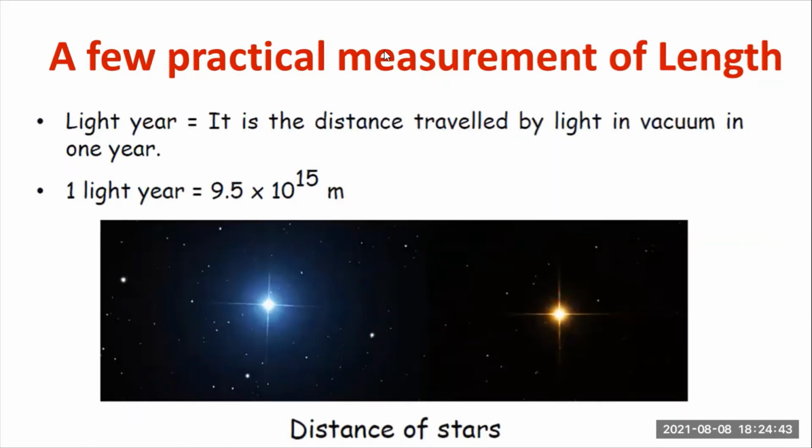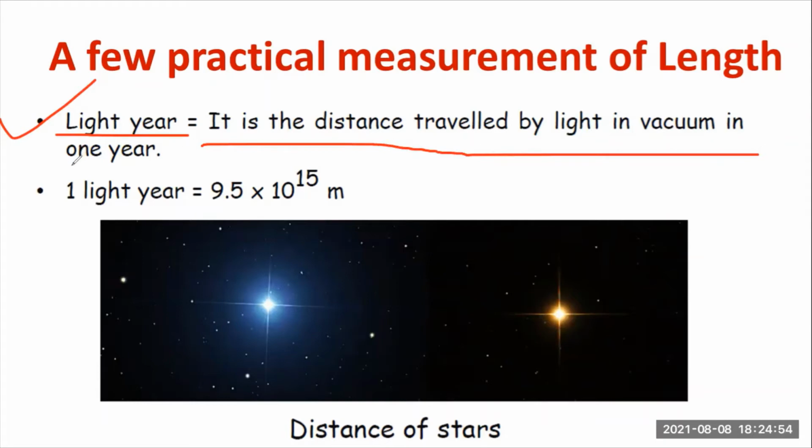Likewise, there is another unit called the light year. So what is a light year? Do you have any idea? It is very simple. It is the distance traveled by light in vacuum in 1 year. That is called a light year. So how can you express a light year in terms of meters? There is a shortcut. 1 light year can be expressed as 9.5 into 10 to the power 15 meter.